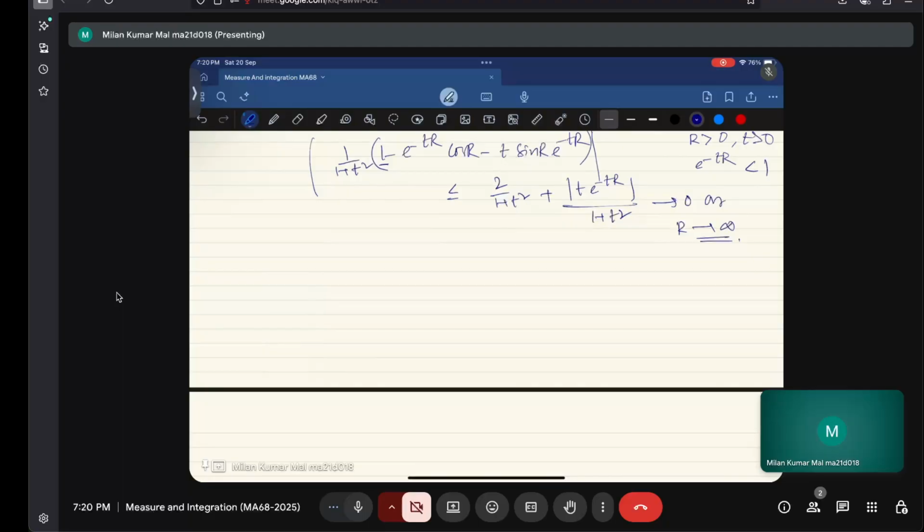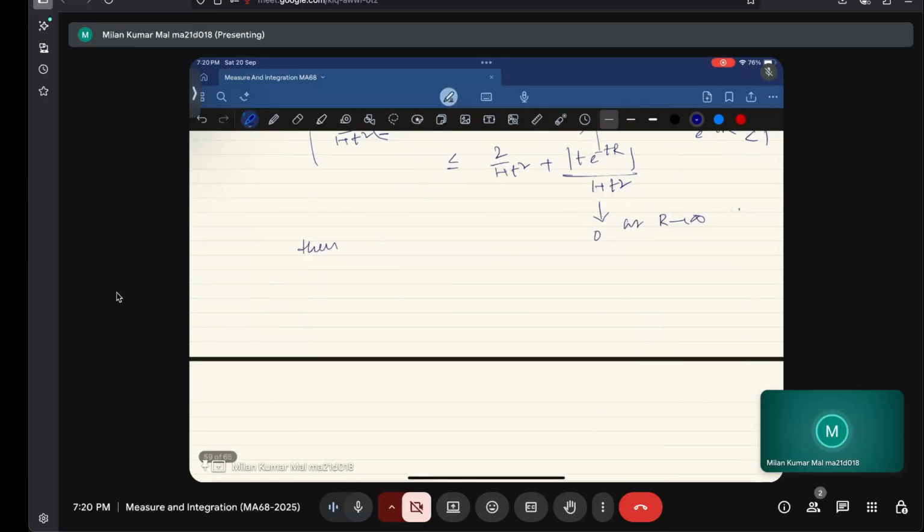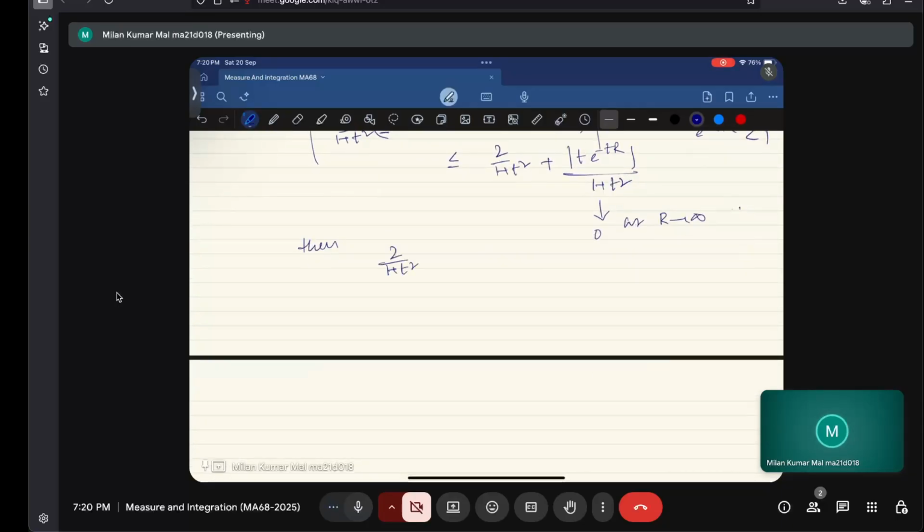This particular term will go to 0, not the full one. Therefore 2 by t r square plus t e to the power minus tr mod by 1 plus t square goes to 2 by 1 plus t square as r tends to infinity.